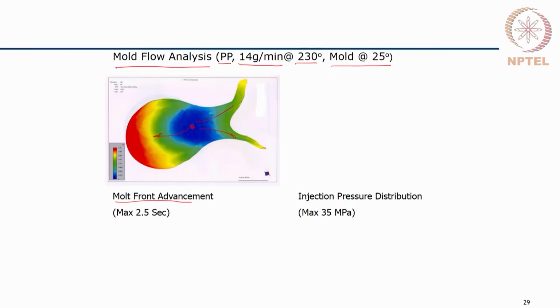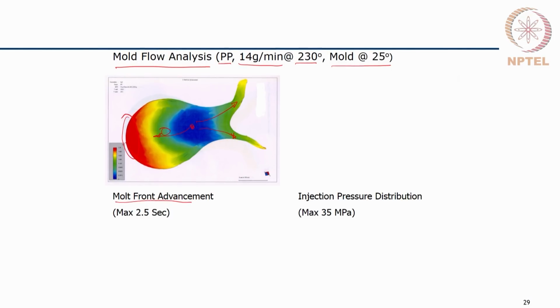So, one can see at different times how the material flows into the cavity, and which regions get filled up last. Like here we see that it takes almost 2.5 seconds for the material to reach here, whereas it is only about 1 second somewhere over here.